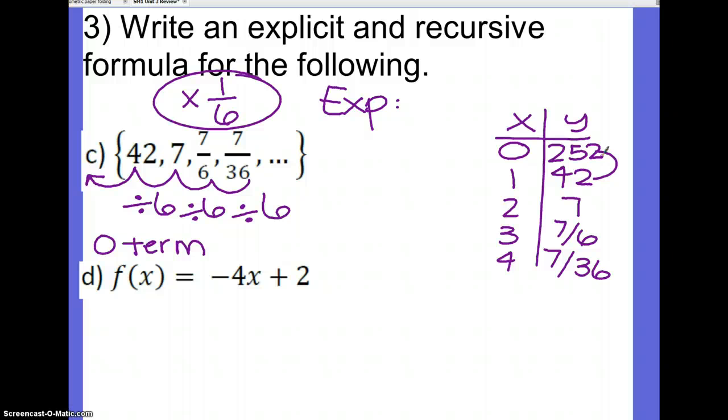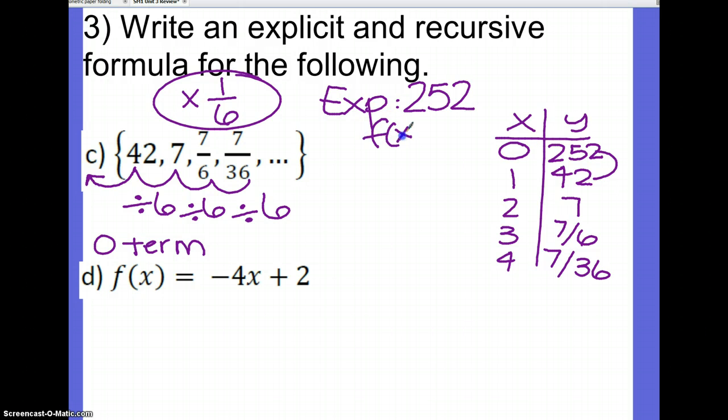So when we write out our explicit, we would have 252... Oh, okay. I'm sorry, the computer did something funny.